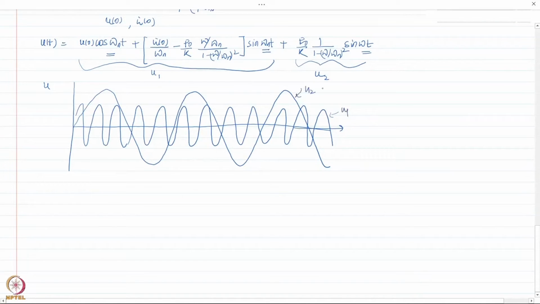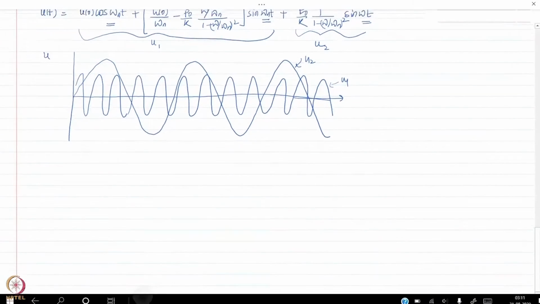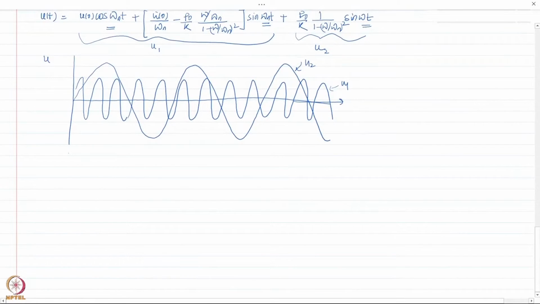So these are the two components of the response that we get subject to the harmonic excitation of a single degree of freedom system. It is important to note that we can say there are two components of the vibration response.